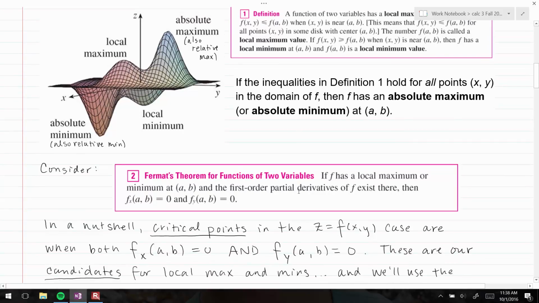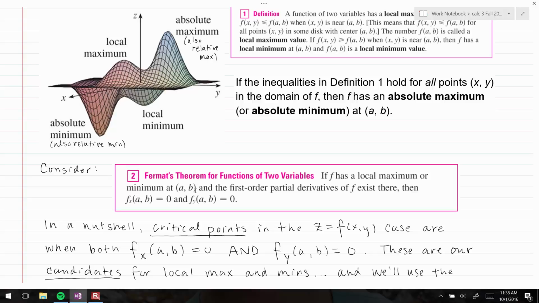Another thing, we've got Fermat's theorem for functions of 2 variables. It says if f has a local maximum or minimum at (a, b), so this is the xy coordinate we're looking at, and the first order partial derivatives of f exist there, then the partial with respect to x there is 0, and the partial with respect to y is 0 there.